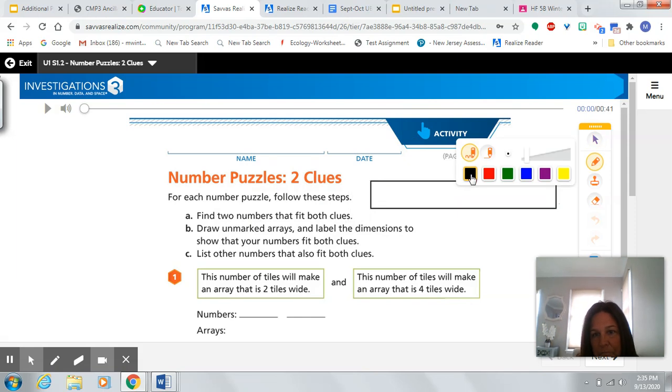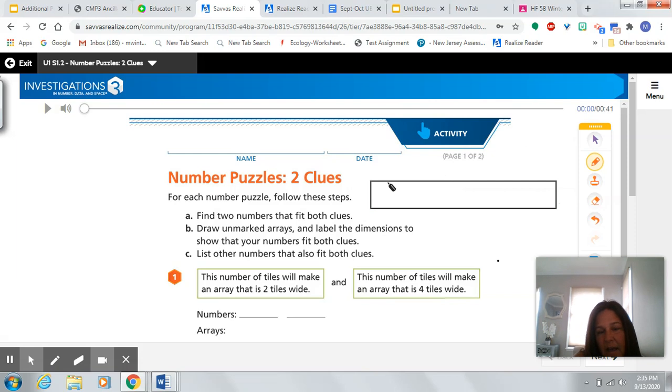So for example, if I were to label this array, remember an array is just a rectangle. I'm going to make it an unmarked array, and I'm going to say this is a 10 by 2. So this is the simple way for me to mark my array.